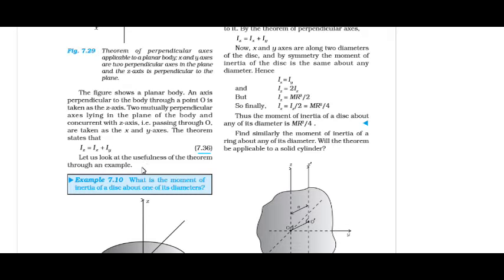Let us look at the usefulness of the theorem through an example. What is the moment of inertia of a disk about one of its diameters?